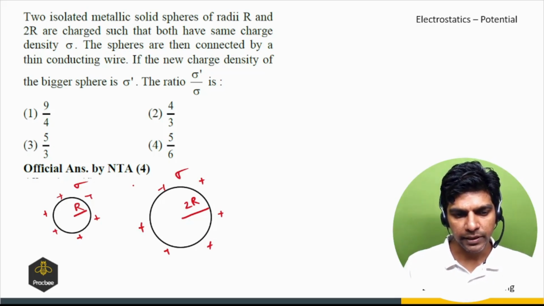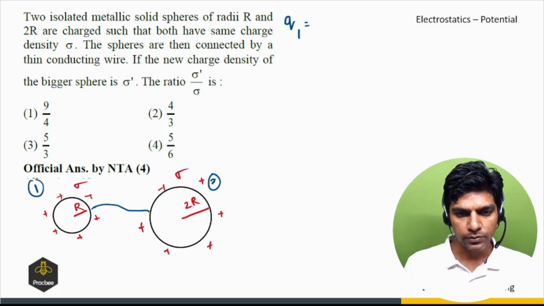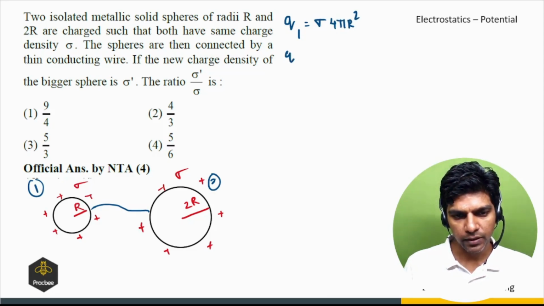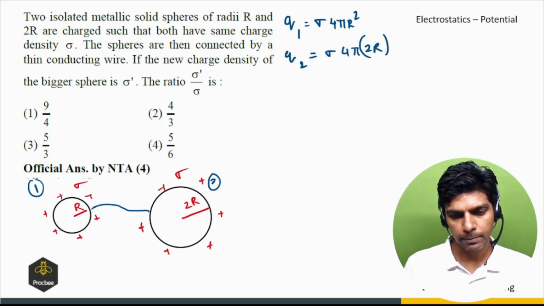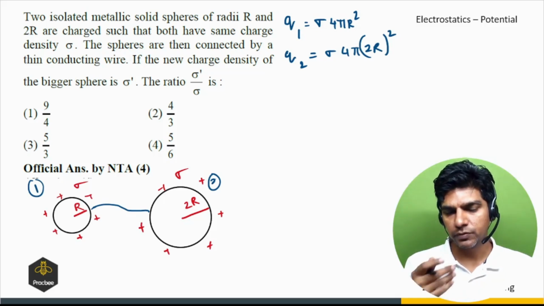Now the spheres are connected. So when we connect these two spheres, first let us find the initial charge. Let me call this sphere 1 and this sphere 2. Q1 will be sigma times 4 pi r square, and Q2 will be sigma times 4 pi (2r) square. Now this total charge will get distributed on both the spheres.